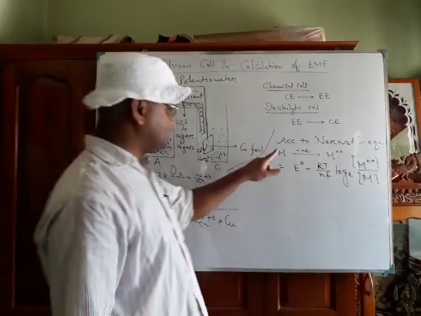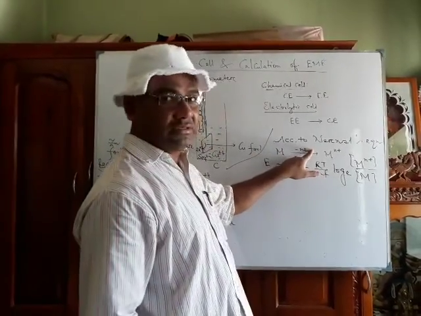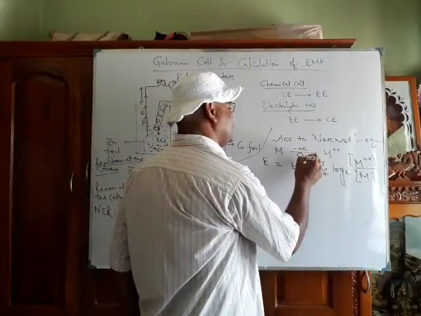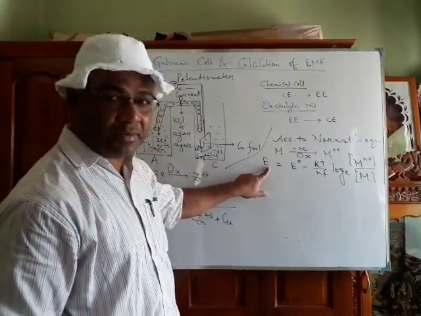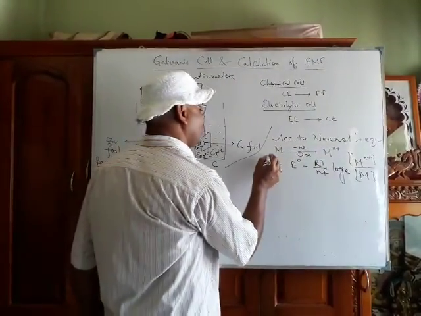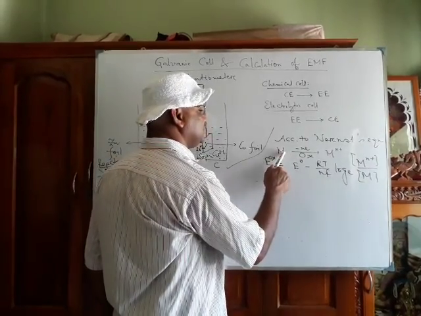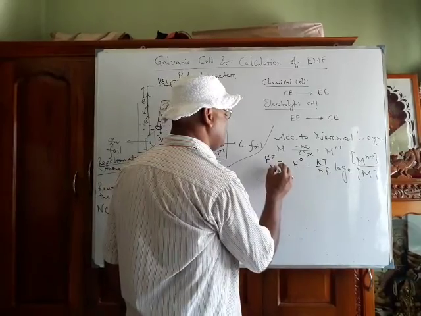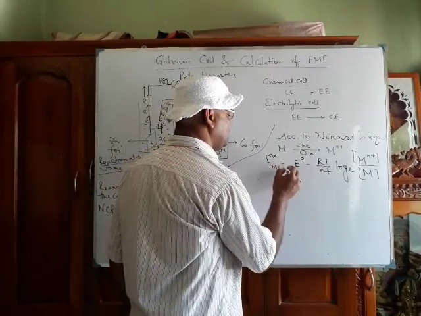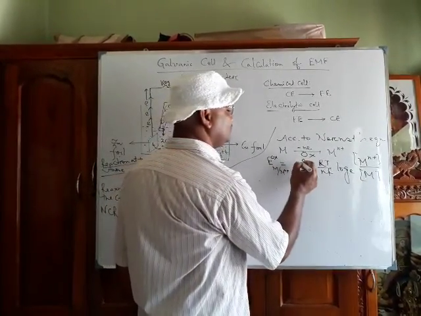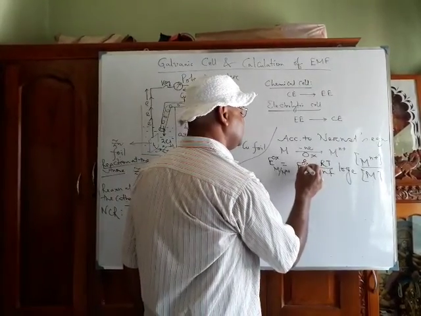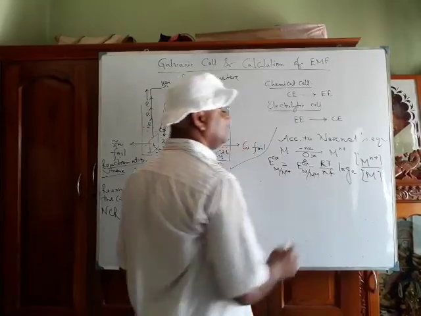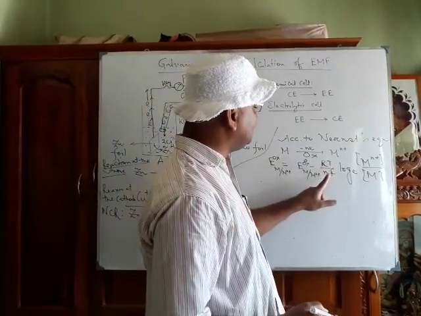Now in this case loss of electrons occurs, that's why we can say this is oxidation, and accordingly the potential developed will be called E-ox, the oxidation potential. For M changing to M n+, it will be equal to E0, again the oxidation potential of M n+, minus RT divided by nF.